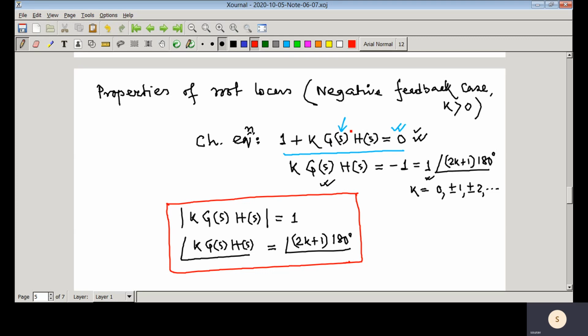Whenever a particular value of s satisfies this gain and phase condition, then that is actually a root of this characteristic equation.